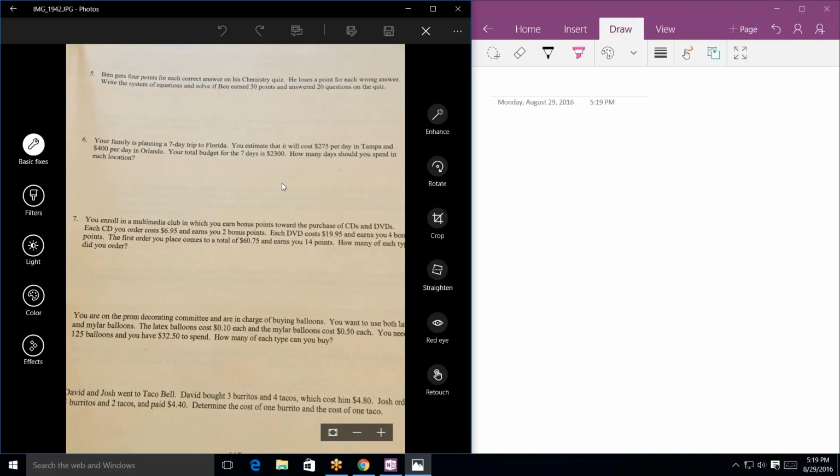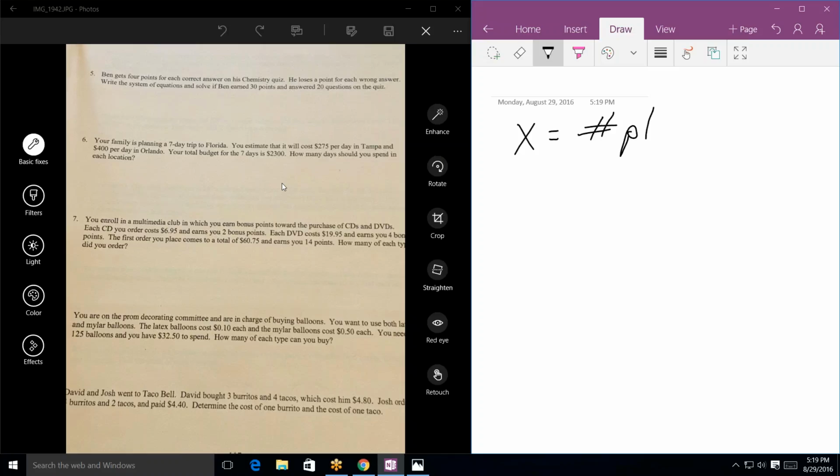Number 5. There's a point for each right answer at the system equations. So x would be equal to the number of points for a correct answer, and y would be the number of questions on the quiz.